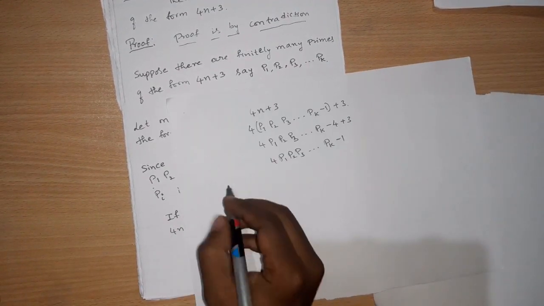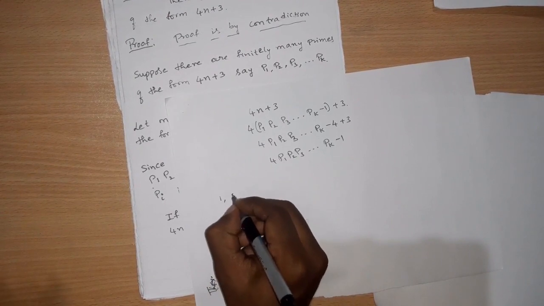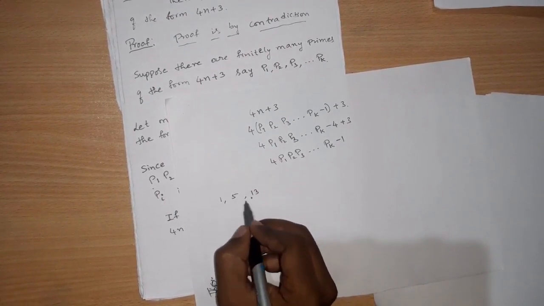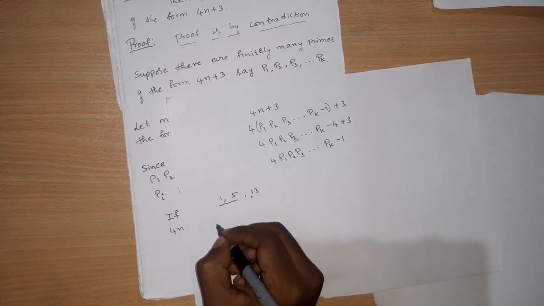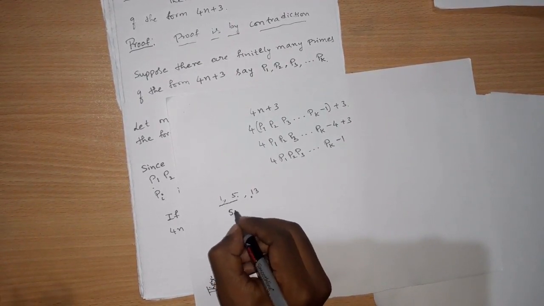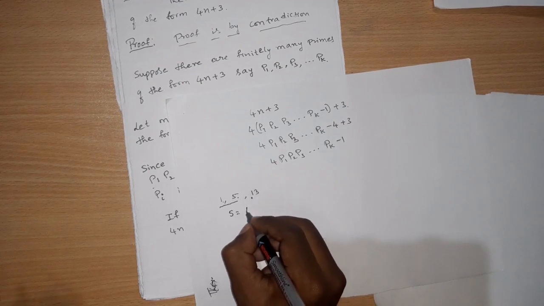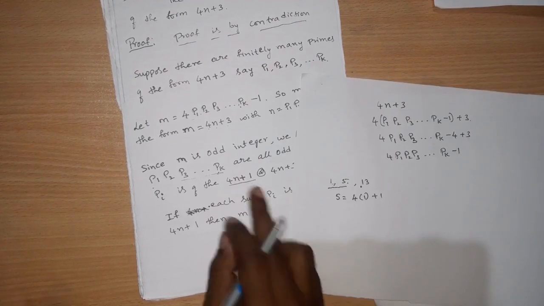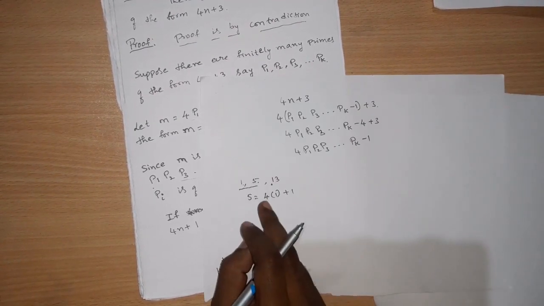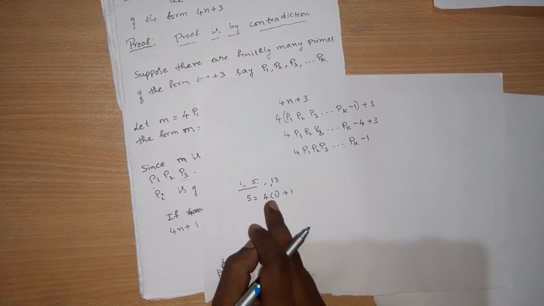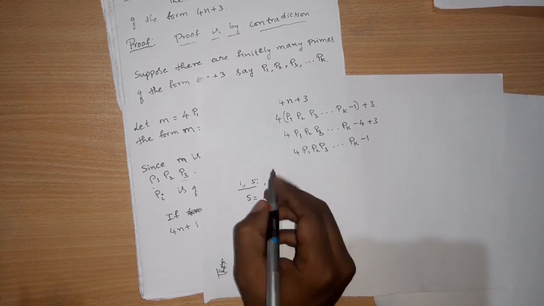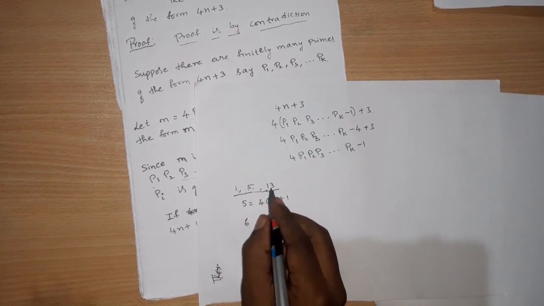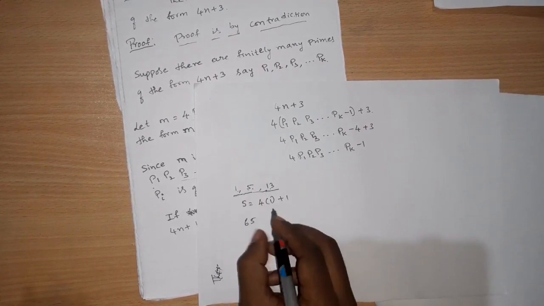Suppose I take 1, 5, 13, which are all odd primes. If I take the product of these two, 1 times 5 is 5, and this can be written as 4 into 1 plus 1, that means the 4n plus 1 form. So 4 plus 1 you will get 5. If you take the whole part, 5 times 13 you will get 65.